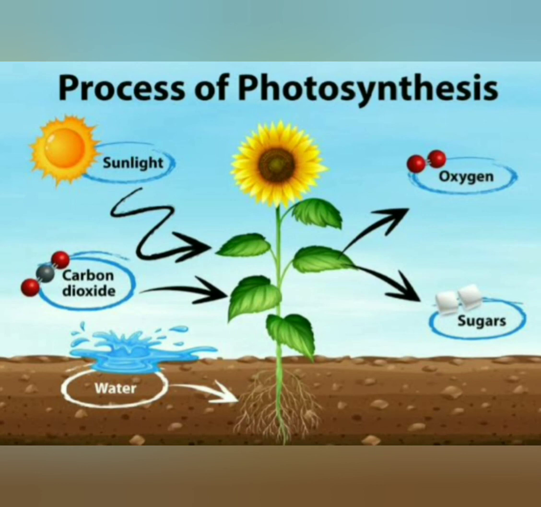Carbon dioxide is absorbed by the stomata present in the leaf, and chlorophyll present in the leaves absorbs energy from the sun, and they prepare energy-rich food in the form of sugar.